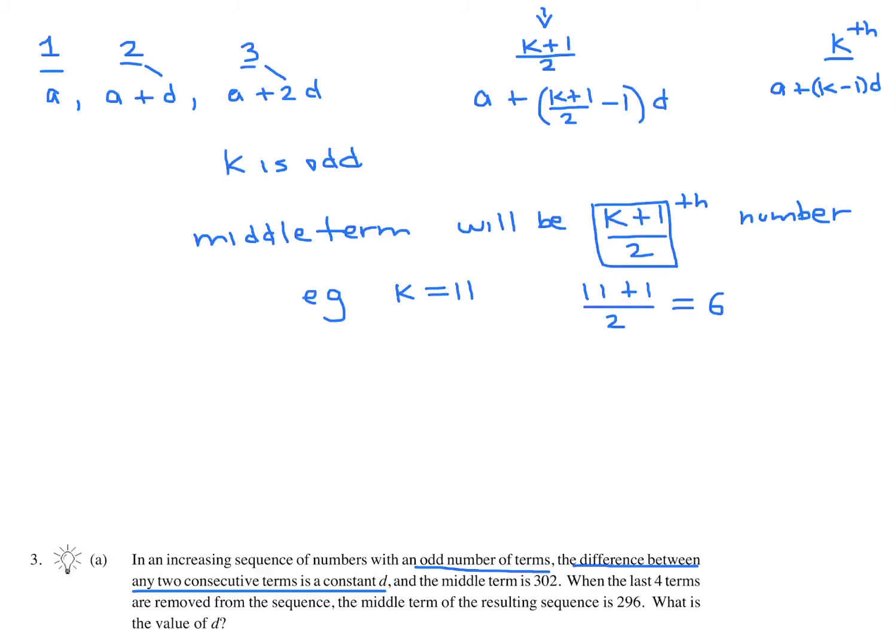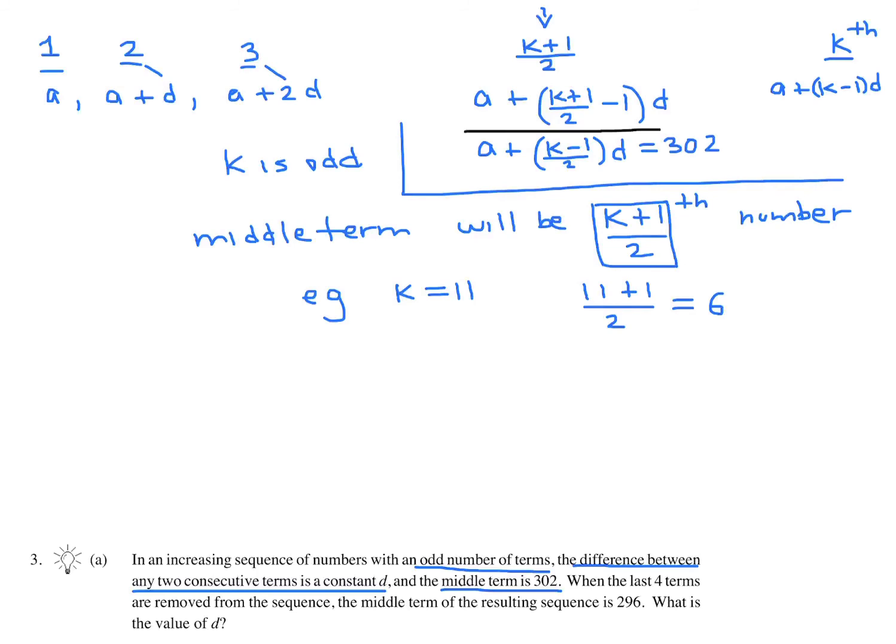And then if you do the math here, this becomes a plus ((k minus 1) over 2)d. And there you have, this is your middle term. And they have told you that it is 302, like that. So that's our first equation.